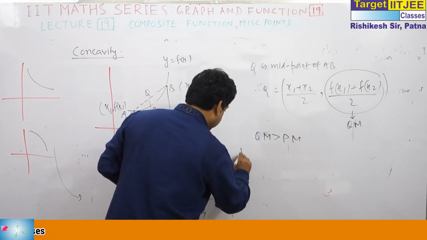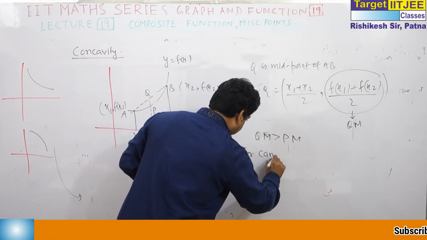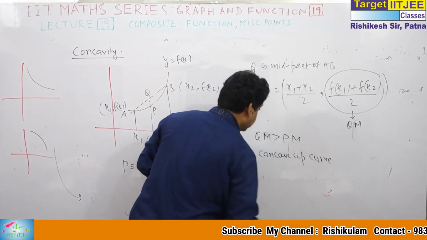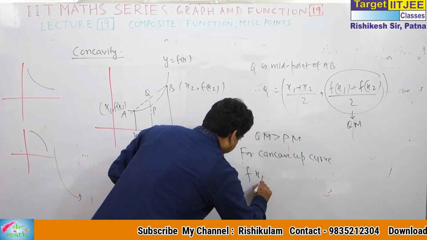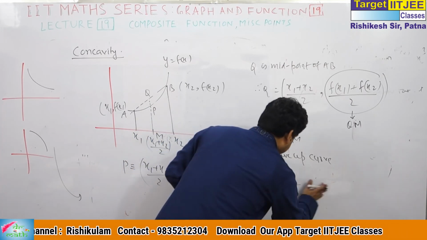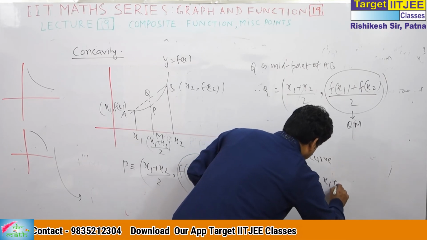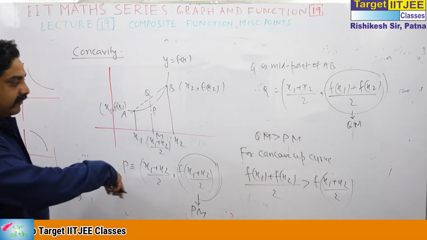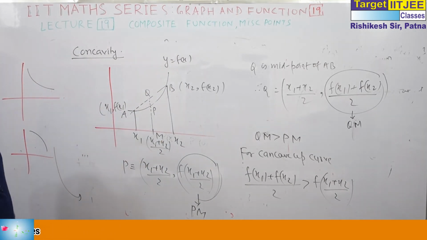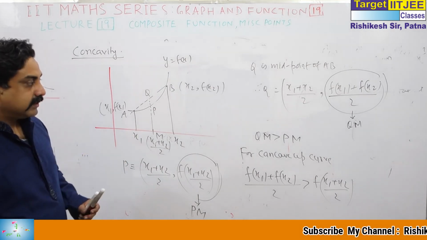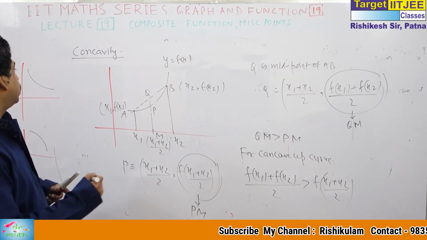So the result for a concave up curve is that (f(x1) plus f(x2)) by 2 is greater than f((x1 plus x2) by 2). For a concave down curve, this is reversed.